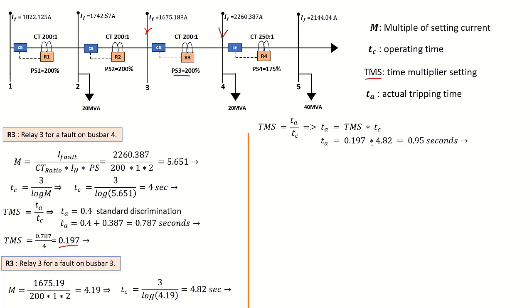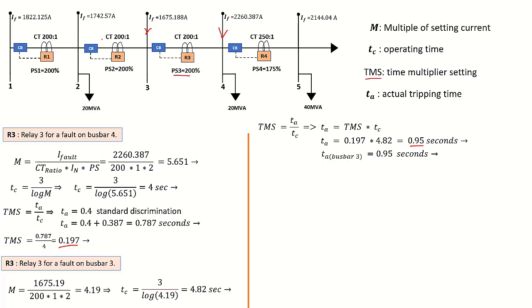That's the TMS you now use to calculate TA for that same relay for a fault on busbar 3. That gives us a time of 0.95 seconds. So the actual tripping time TA for relay 3 for a fault on busbar 3 will be slightly under 1 second.